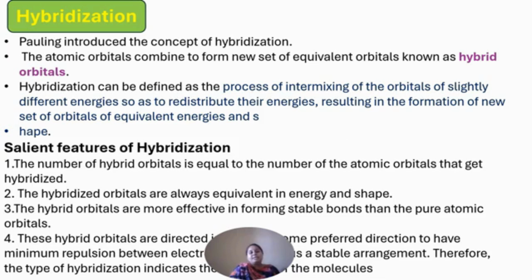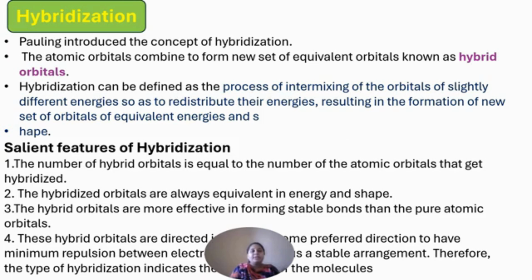The salient features of hybridization: the number of hybrid orbitals formed is equal to the number of atomic orbitals which get hybridized, and the hybrid orbitals are always equivalent in energy and shape.